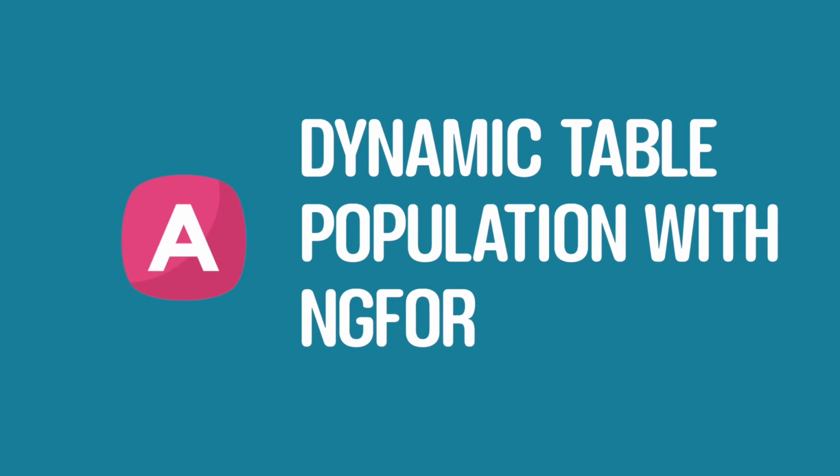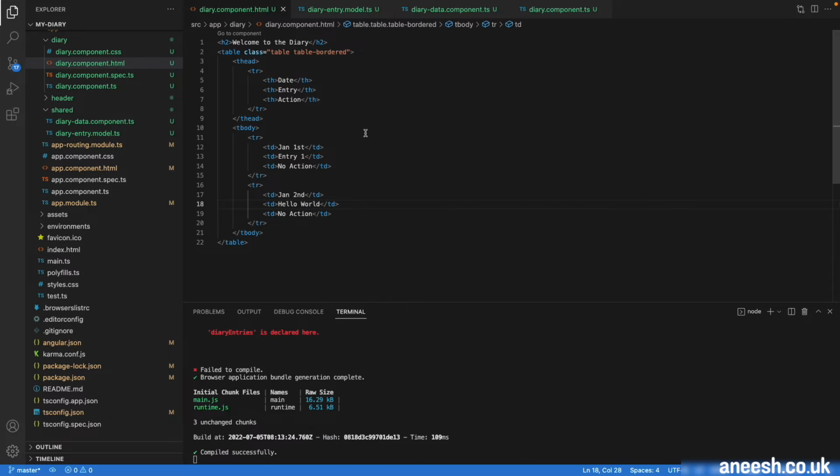Now within the diary HTML, I can use the ngFor structural directive to loop over the diary entries that we have in the TypeScript file. In the first table row tag, I will use an asterisk followed by ngFor equals let diaryEntry of diaryEntries, and this will allow us to loop over our array of diary entries.